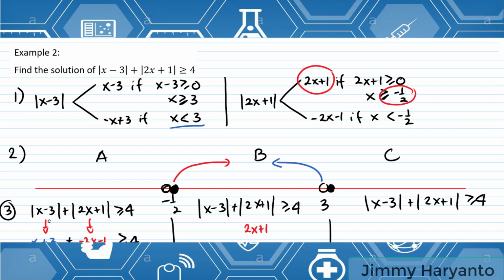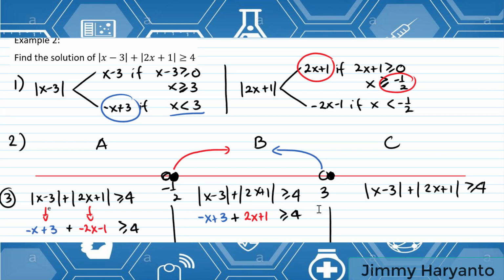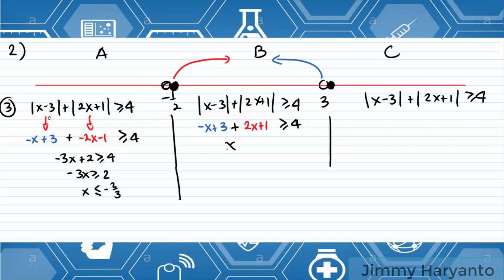Less than 3 means I have to choose this one, negative x plus 3, and then rewrite the rest. After that, solve x plus 4 greater than or equal to 4, sorry, and then x greater than or equal to 0. We will leave it like that and then go to room C.